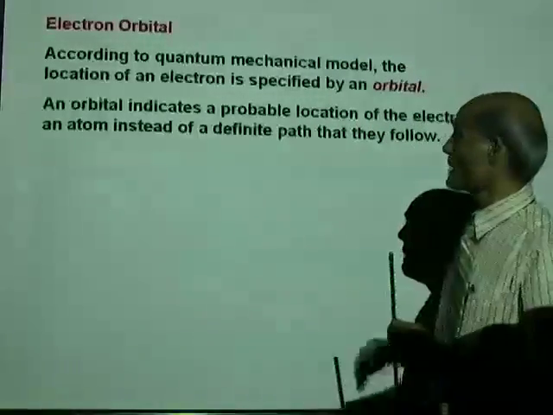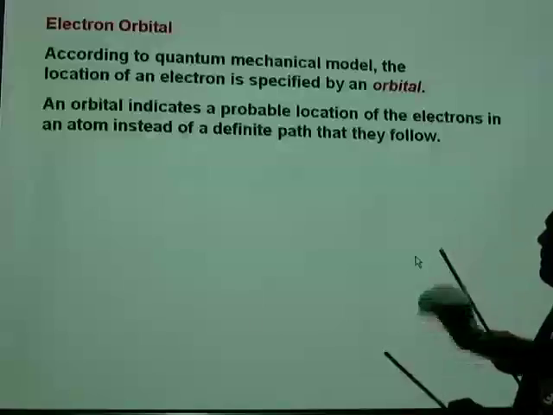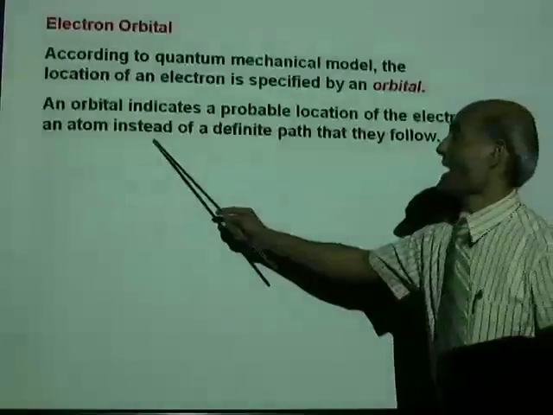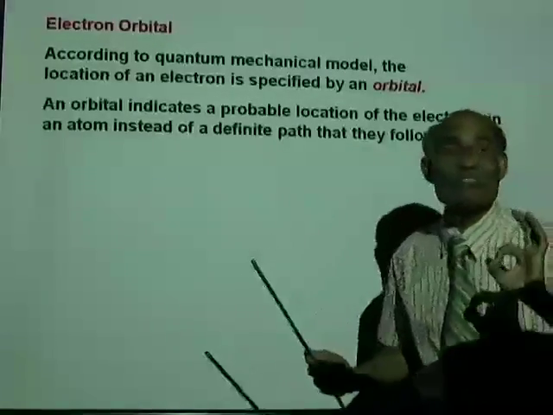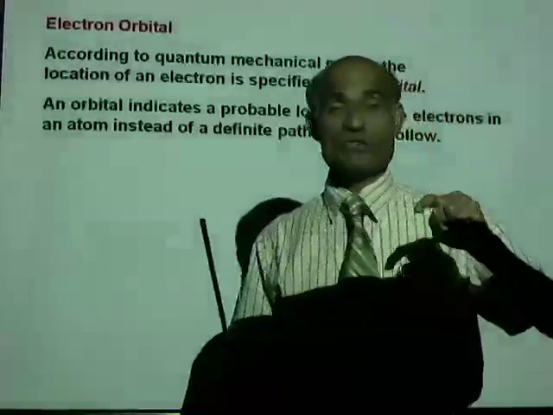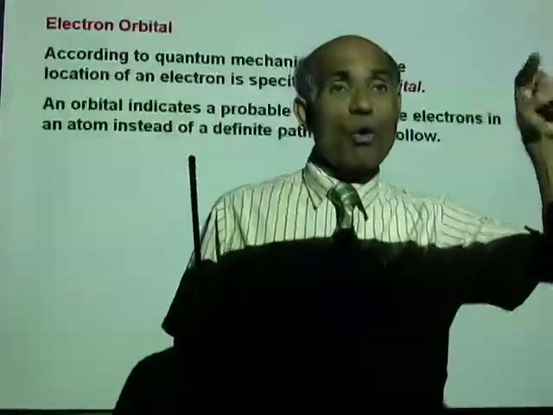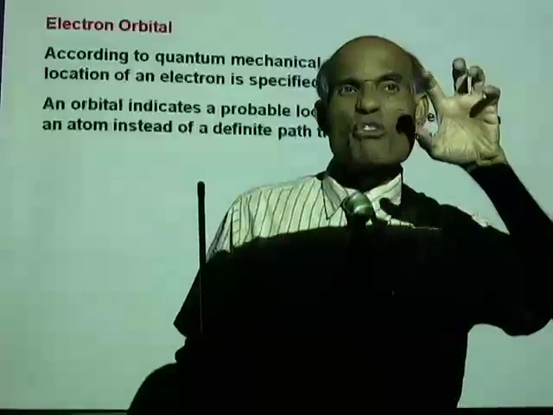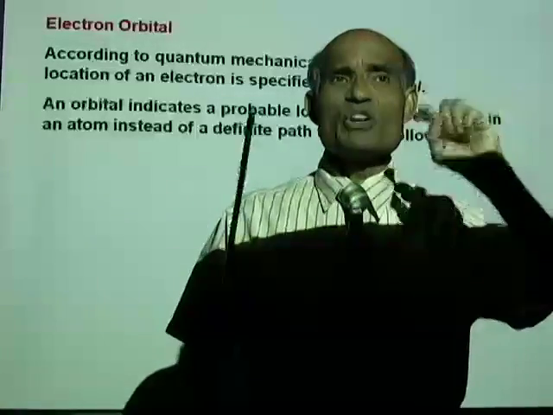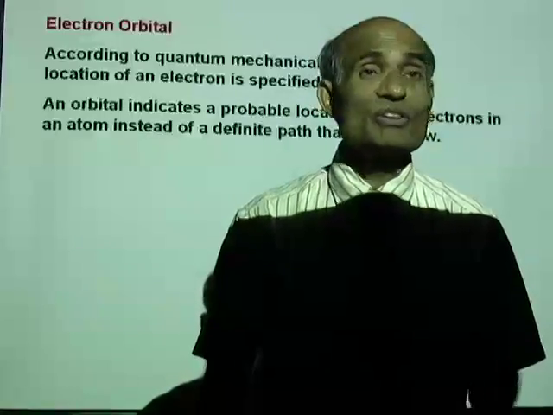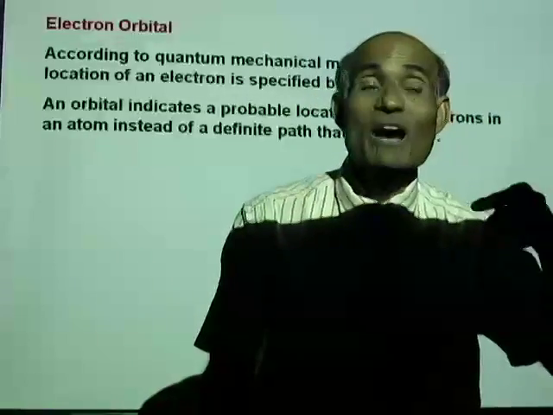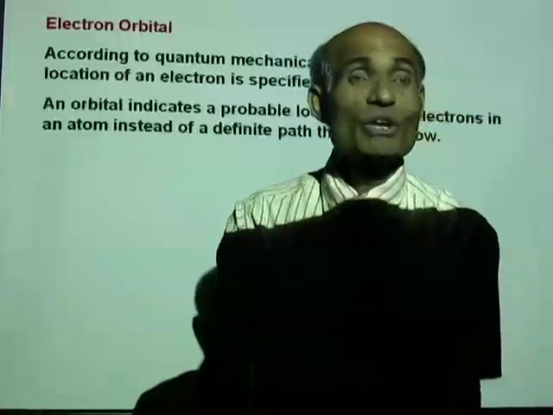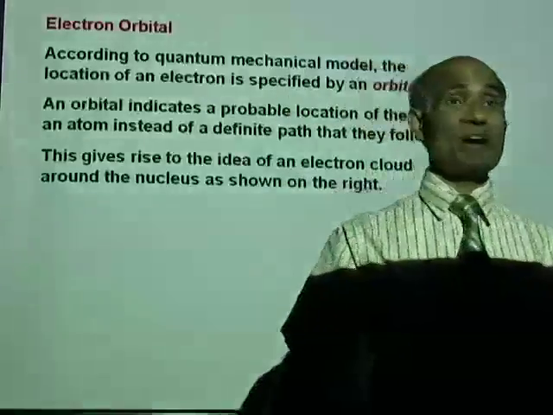So an orbital indicates a probable location of the electron in an atom instead of a definite path it follows. So that clear orbit in the Bohr model is now looking a little fuzzy. It is not very clear because you don't have a clear path of the electron. We don't know exactly where the electron can be found.